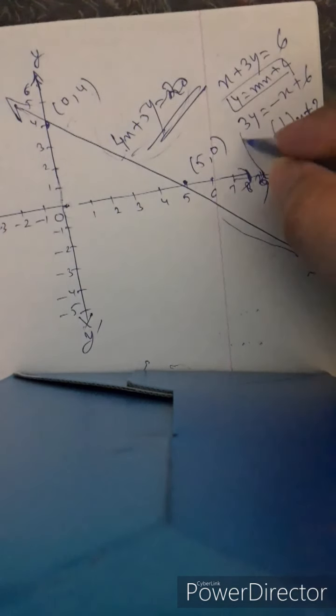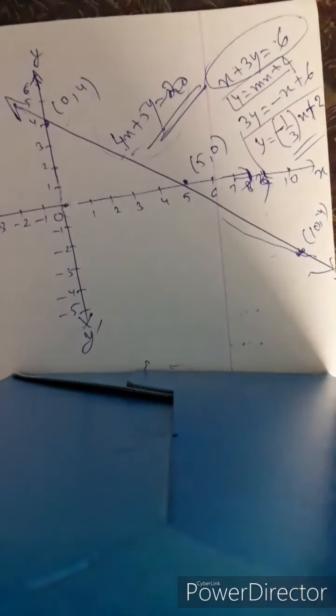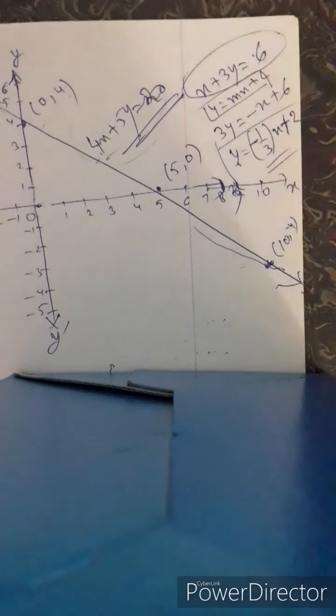In this format we can take the second equation, x plus 3y equals 6, as y equals minus 1 by 3 x plus 2.